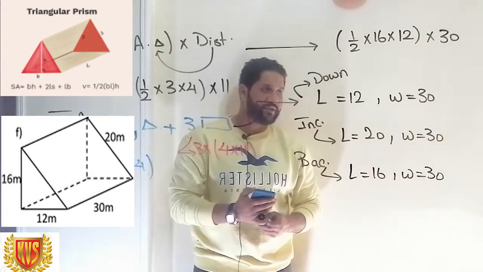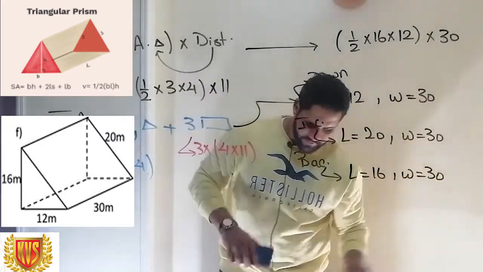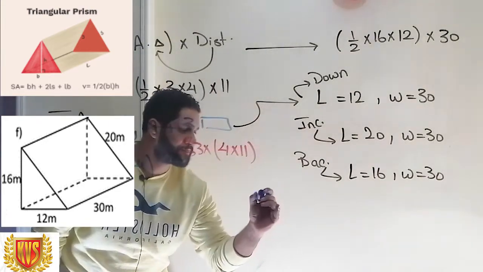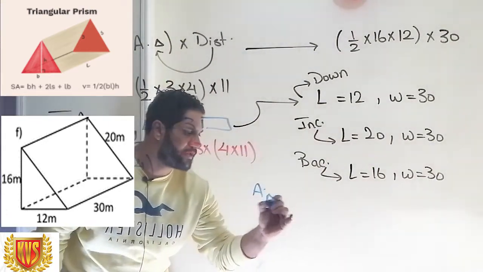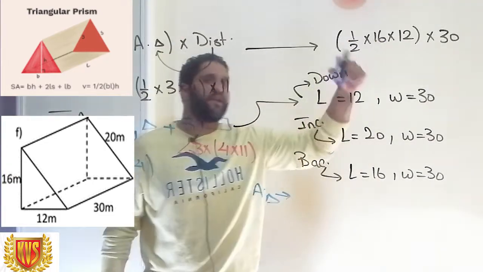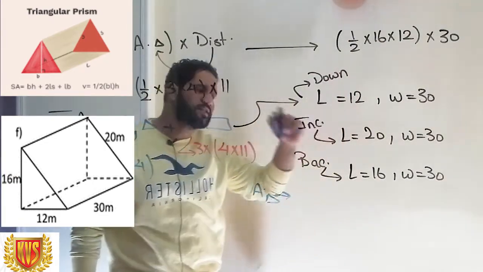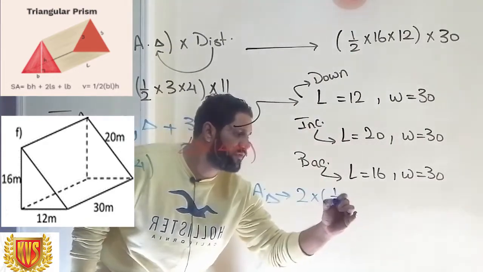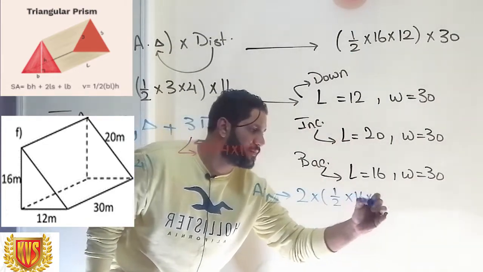How can I find the area of this figure? First, by getting the area of the triangle. The area of this triangular prism is first by taking the area of the triangle, as I have two triangles, and multiplying it by 2. So 2 multiplied by half by 16 by 12.